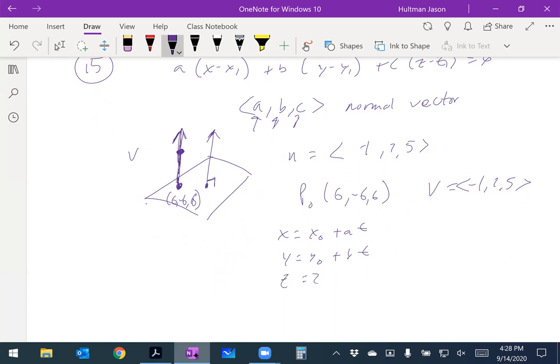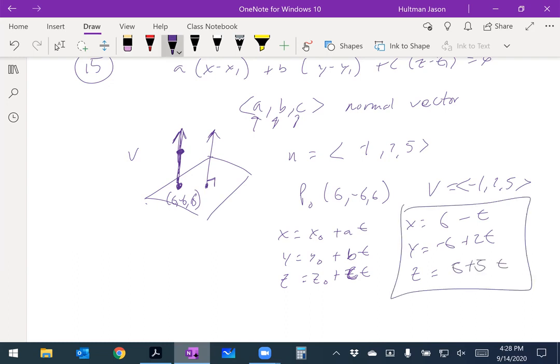So this is just going to be x equals 6 minus t, because a was negative 1, and then y is equal to negative 6 plus 2t, and then z is equal to, it's not 5, 6 plus 5t. So there's your x, y, z for your line. This is now a line.